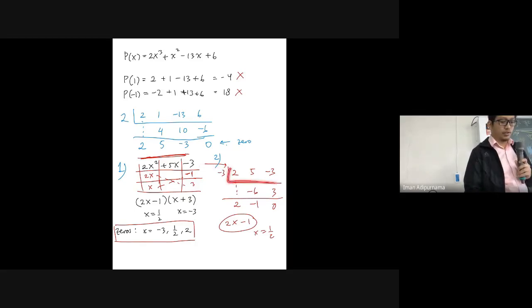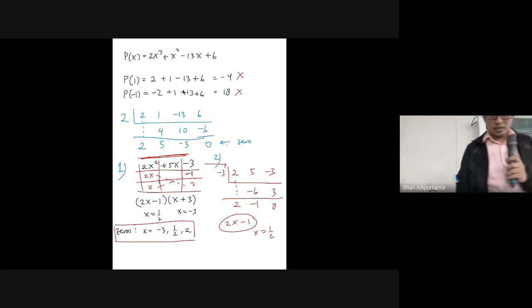Use synthetic division, and when you get zero, that's my number, and you will get the last part here, which is just 2x minus 1. So from here you can easily get the solution x equals half. So the zeros are negative 3, half, and 2. I think that's easy enough.